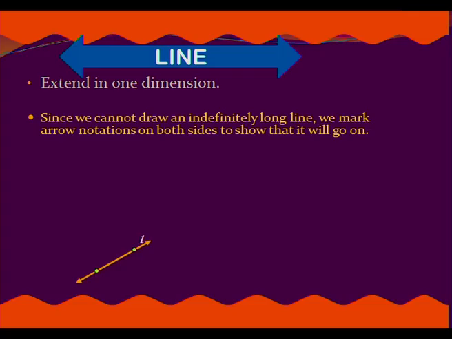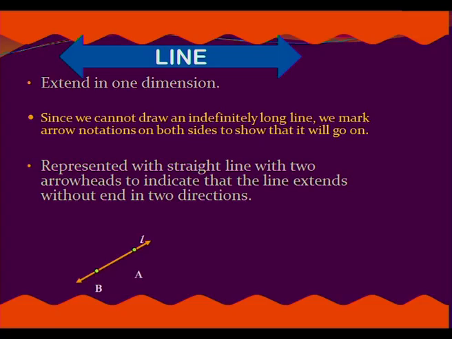Since we cannot draw an indefinitely long line, we mark arrows. If you extend them to the ends, we show it with an arrow mark. That is the notation on both sides to show that it will go on. So, it is represented with a straight line with 2 arrow heads to indicate that the line extends without end in 2 directions.